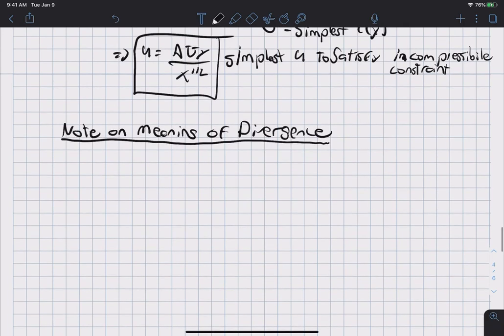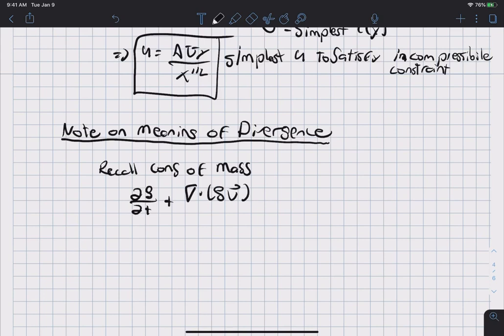So recall conservation of mass. That's given by partial rho, partial t, plus the divergence of rho v, and this is equal to 0.